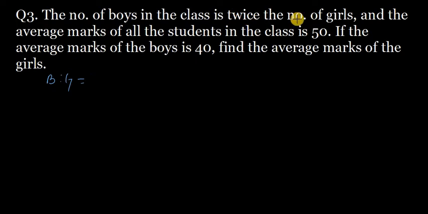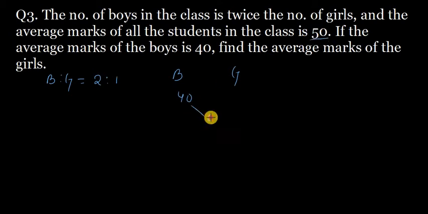The number of boys in the class is twice the number of girls, so the ratio is 2:1. The average marks of the boys is 40, and the average marks of all the students in the class is 50.